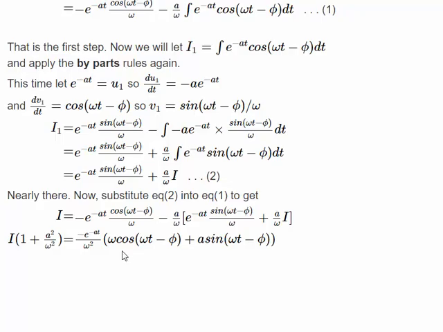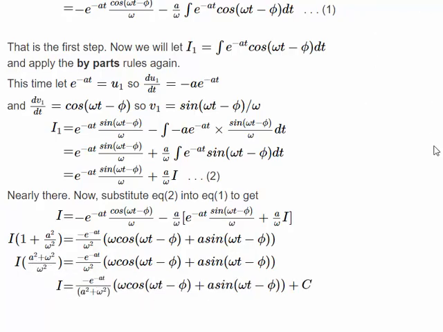We have a single omega here, so I need an omega in the numerator. And here we've got omega and omega, so that's the omega squared gone out. And I've got an a outside the bracket there, so that's a sine omega t. The left hand side, we'll put that over a common denominator, so we're going to get a squared plus omega squared over omega squared. The omega squared will cancel from both sides, and if I divide by a squared plus omega squared, I'll get the answer. And of course we have a constant of integration.